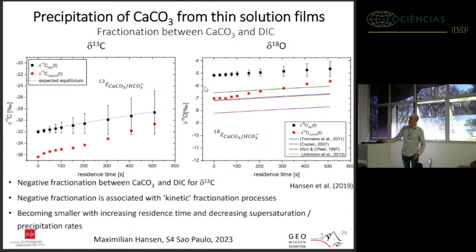But we also see the rate-dependent fractionation process. So you have the negative fractionation in agreement with the literature values. But then the solution gets enriched over time, and the fractionation becomes smaller, going away from the equilibrium line over here. Okay. All right.